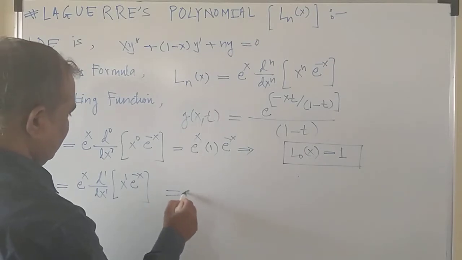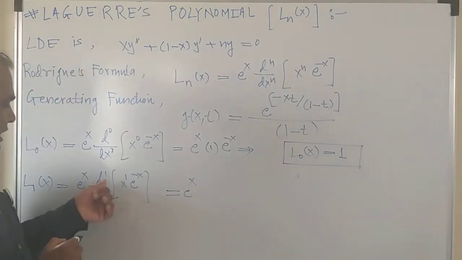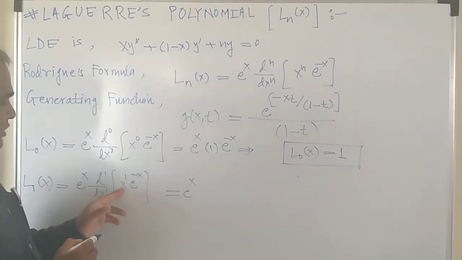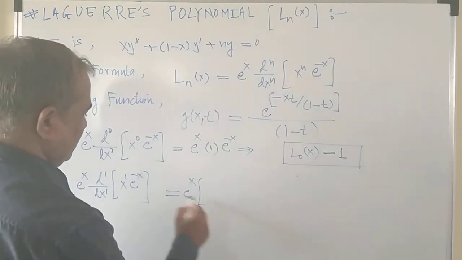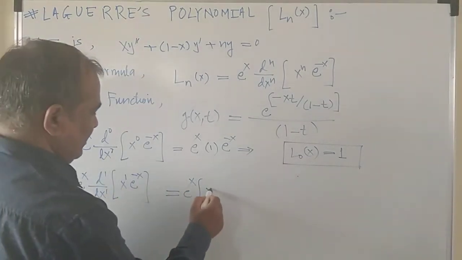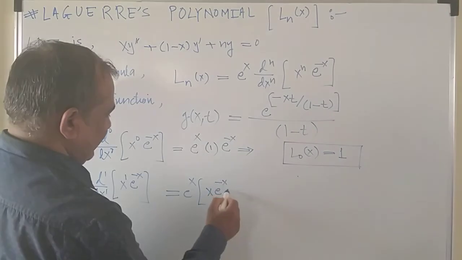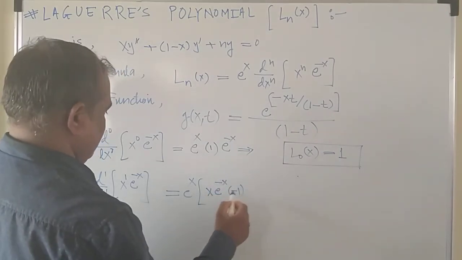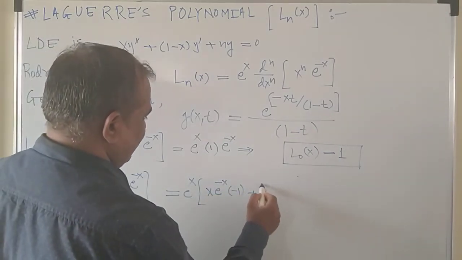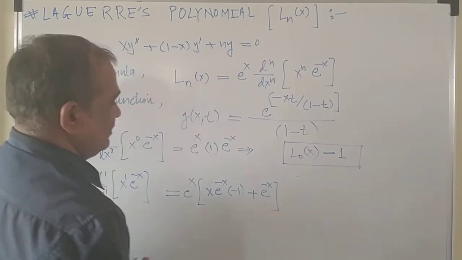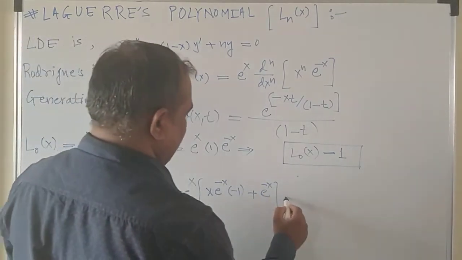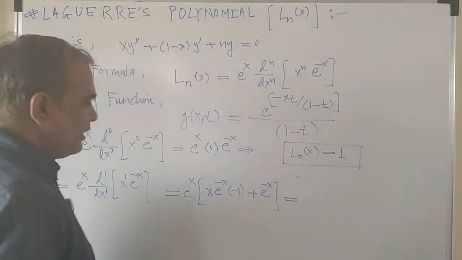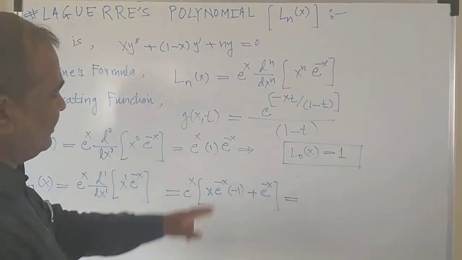So e raised to x stays as it is outside, and we take the first derivative of this. Use the UV rule: first function into differentiation of second plus second function into differentiation of first, which is 1 only, and this gives you, I can take out e raised to minus x common.